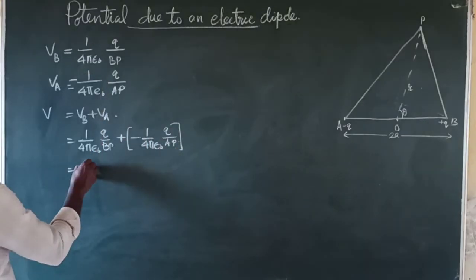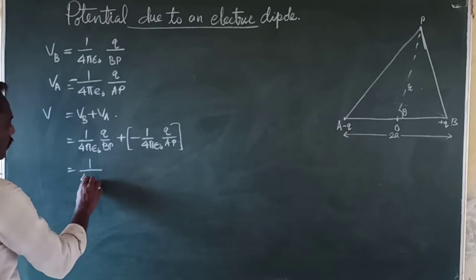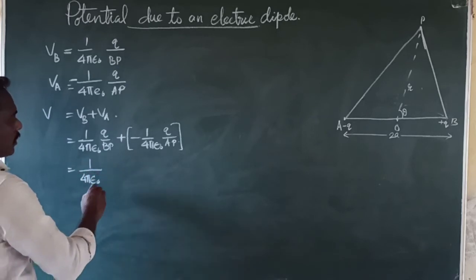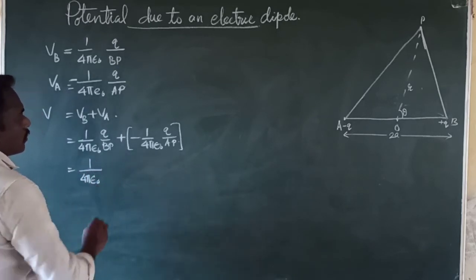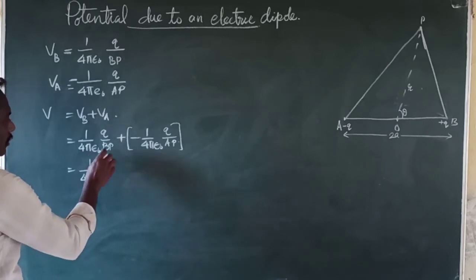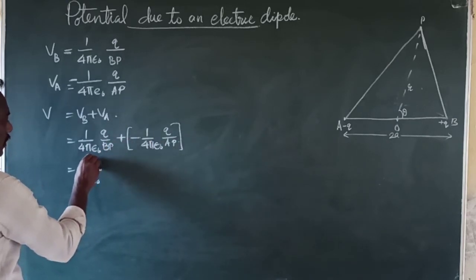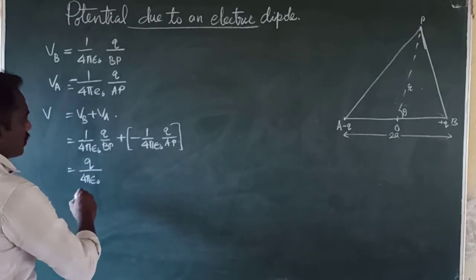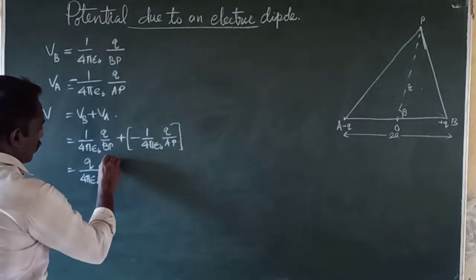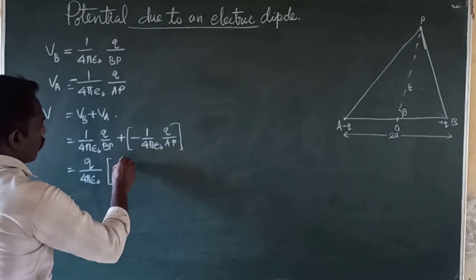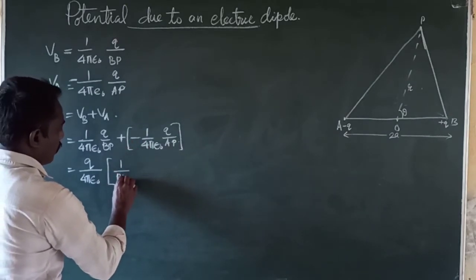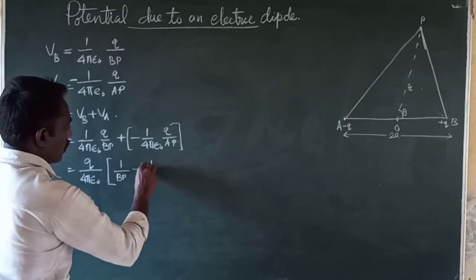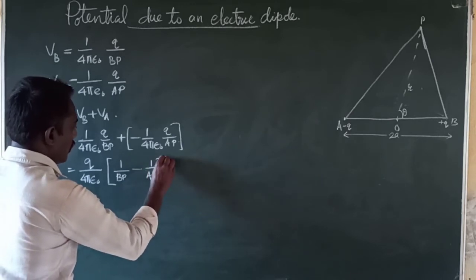The constant 1 by 4 pi epsilon naught can be taken out, and Q is also common, so Q can also be taken out. Q divided by 4 pi epsilon 0 into what remains: 1 by BP minus 1 by AP.